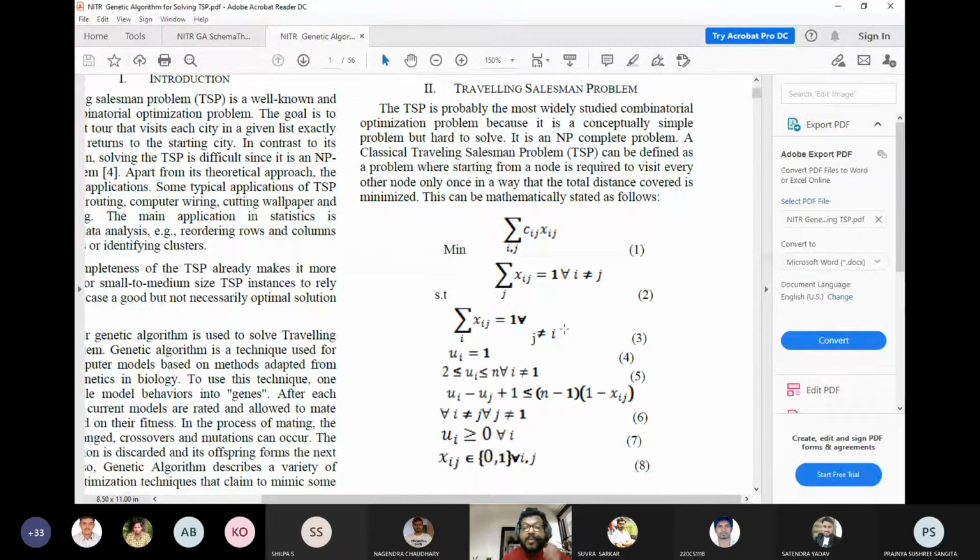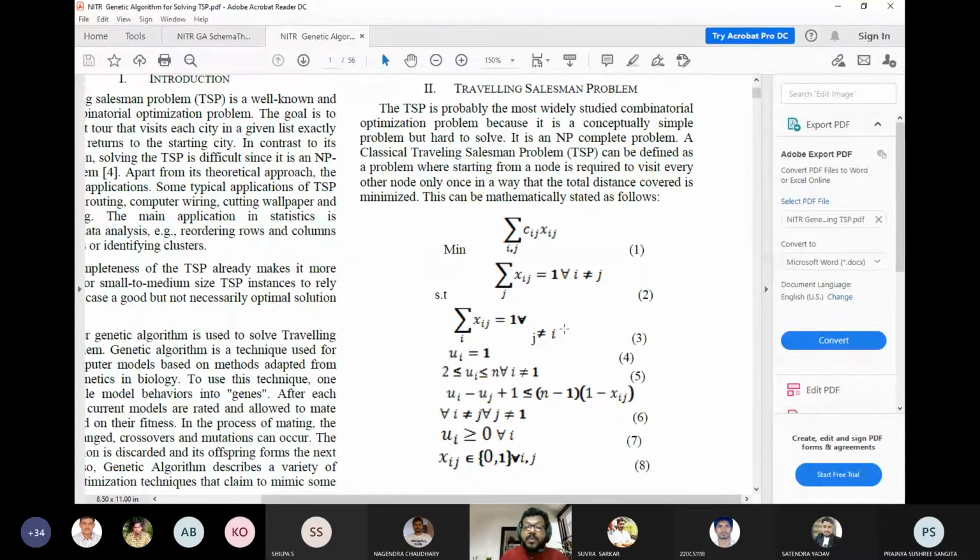The problem formulation, this is the ILP formulation. We use something very similar to C_i, j and X_ij. That means if a particular path connecting city i to city j is to be selected, then X_ij will be 1, otherwise X_ij will be 0. So this is the formulation. You can adopt this formulation.